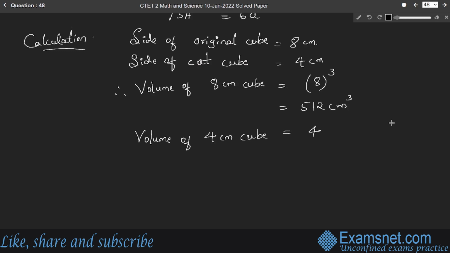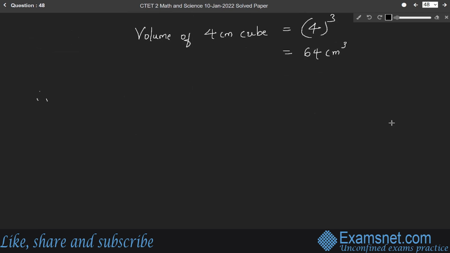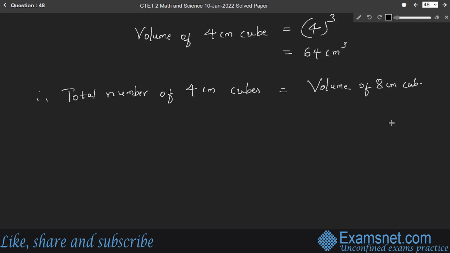So it is cube of 4, 64 centimeter cube, right? Therefore, total number of 4 centimeter cubes is equal to volume of 8 centimeter cube divided by volume of 4 centimeter cube.